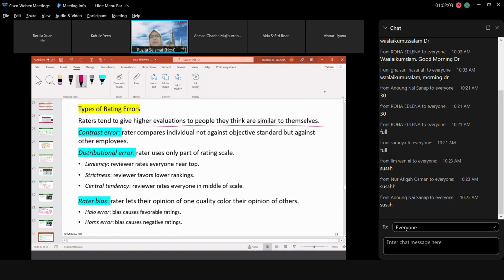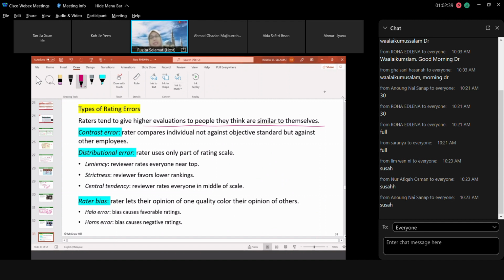If you are someone yang suka buat kerja cepat, you cannot get along dengan someone yang suka melambat-lambatkan kerja. That is one example. Or simply because you have the same age as one of your subordinates, you think you speak the same language, you understand each other very well, and that subordinate gets a higher rating. That very commonly happens.